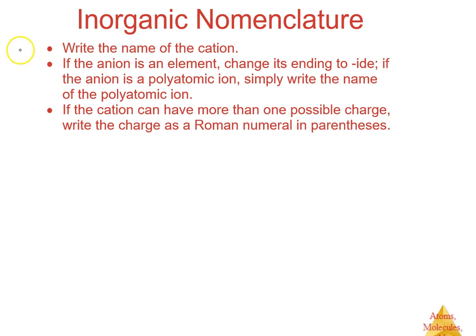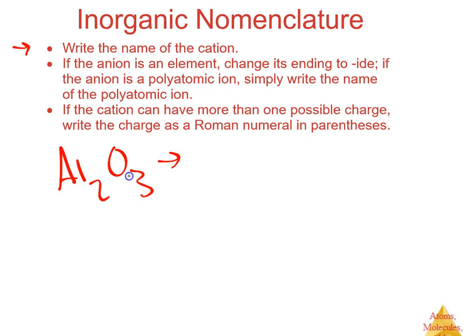So, inorganic nomenclature, that just means naming things that aren't organic molecules. Organic molecules have a whole different set of rules. And they're not bad once you learn them, but they're not that fun either. So the first thing we do is name the cation. So just simply like Al2O3.